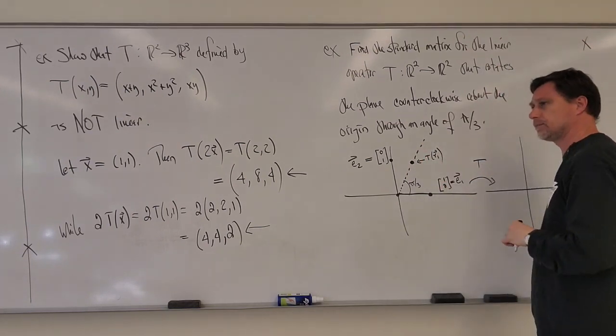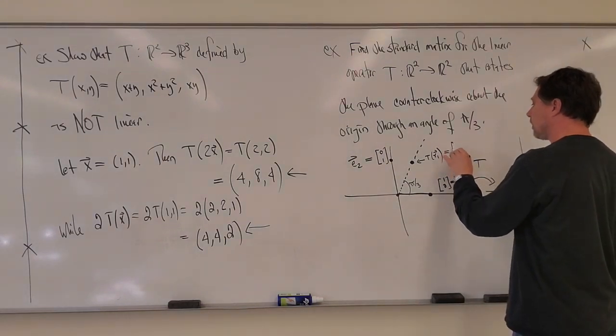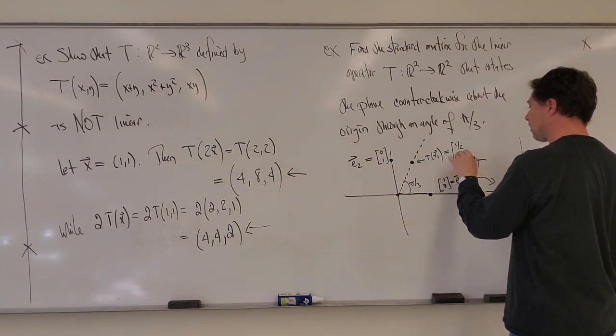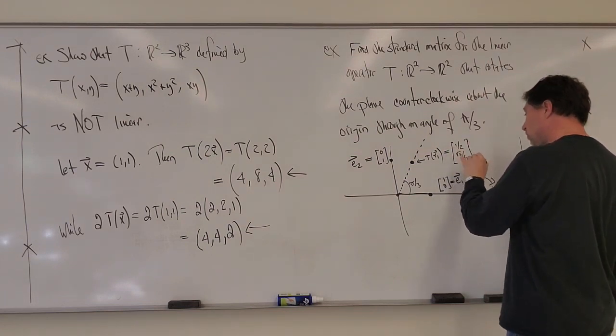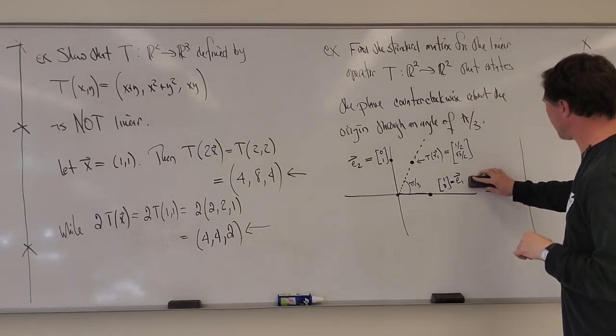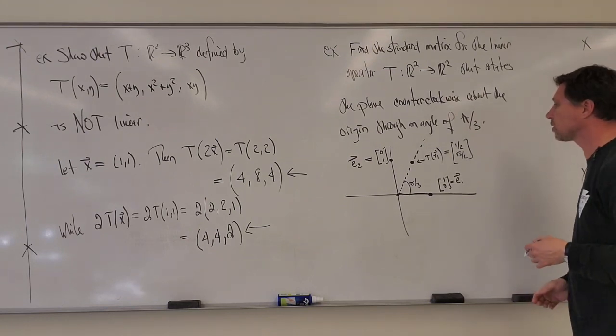And who is that vector? Well, it is the vector 1/2, root 3 over 2. I'm sorry, I started to make a second diagram, but we really just need to think about how it works in one picture here.